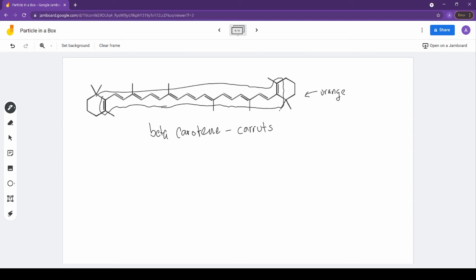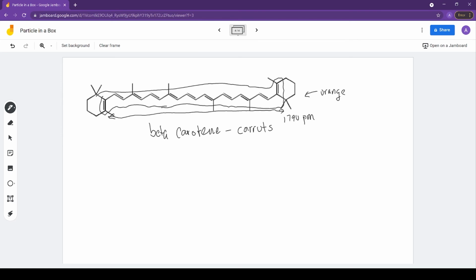The particles can only be found within this certain region, and they cannot be found outside this region. So let's model this molecule as particles in a box. We can treat this molecule as a one-dimensional box with a length of 1790 picometers.